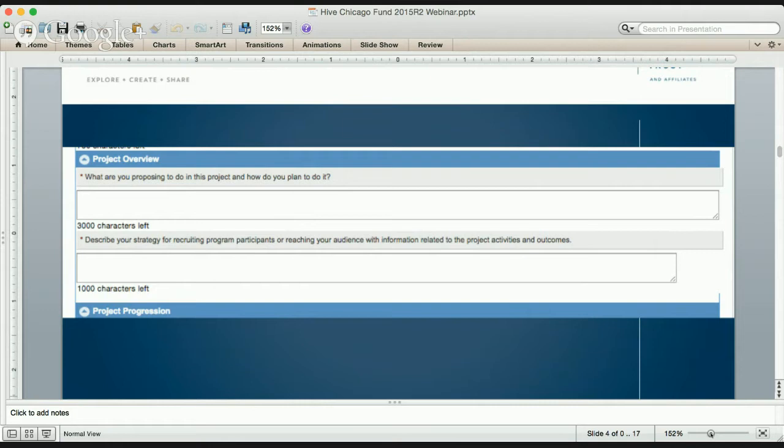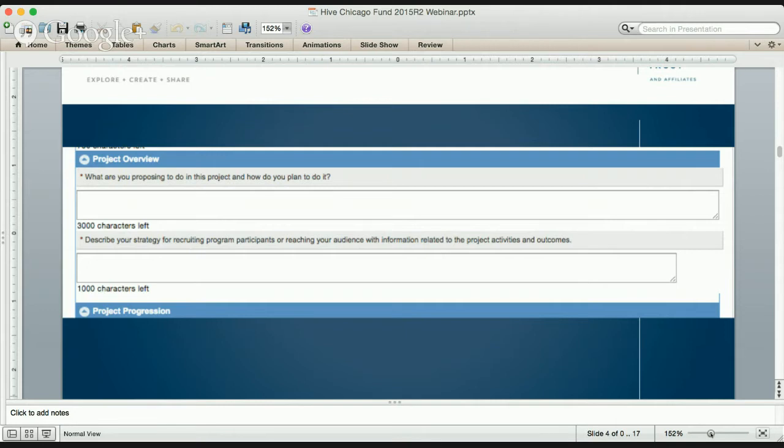So that two-sentence summary that is great about what your project is, this is an opportunity to elaborate on it. So what are you proposing to do? Clearly and concisely, and how do you plan to do it? And we'd ask that you be as clear as possible.